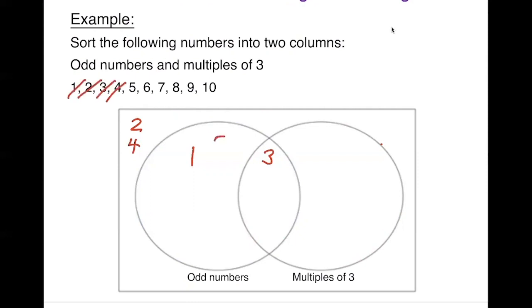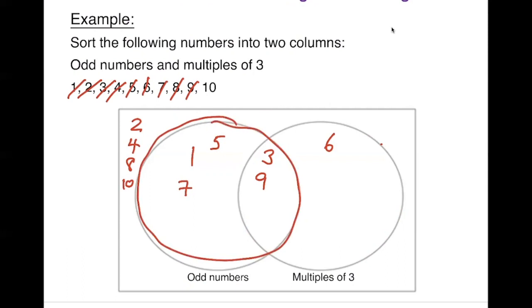5. 6 is a multiple of 3, but not odd. 7. 8. We have 9. And finally 10. So you can see that inside the set, which is odd numbers, we've got the numbers 1, 3, 5, 7, and 9.